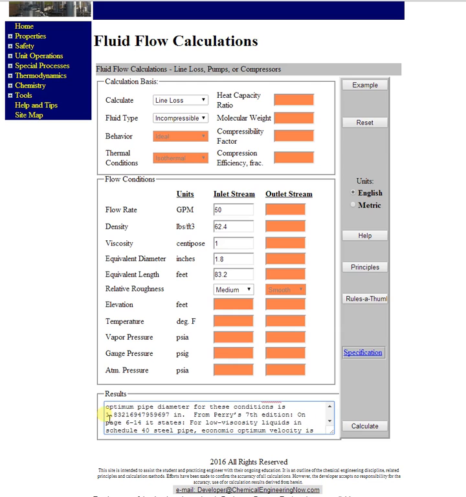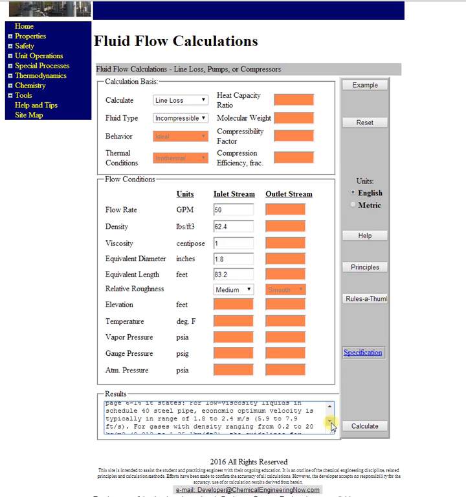Of course, the optimum pipe diameter has remained the same. And you see now our velocity is up in the range of what would be a typical optimum velocity.